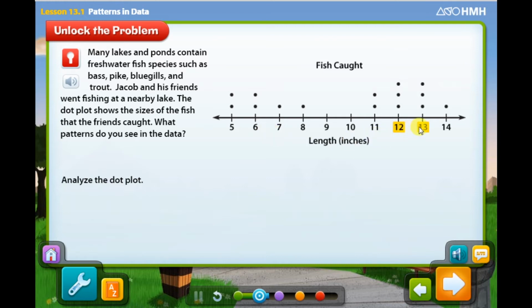And we learned about the mode, which is the data that happens most often, which has the highest column in the dot plot, and we have two modes, 12 and 13. Let's move to another example and learn about other patterns of data.